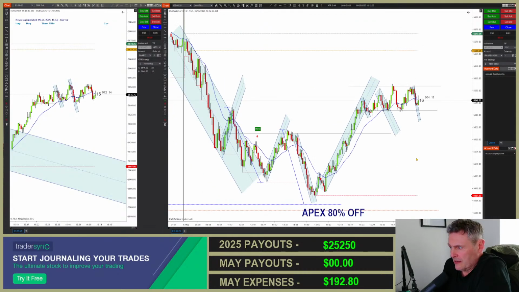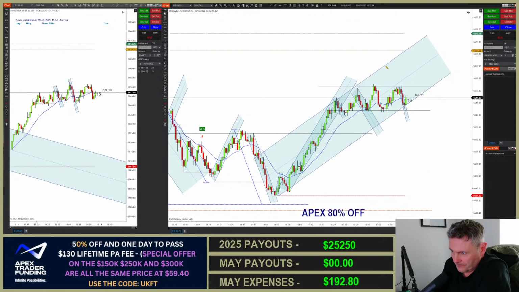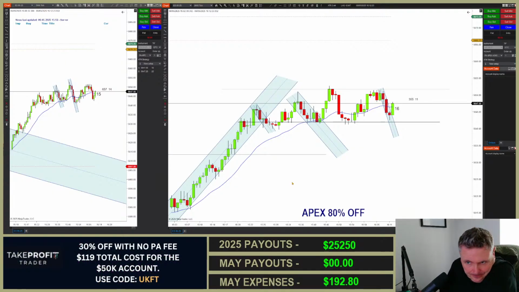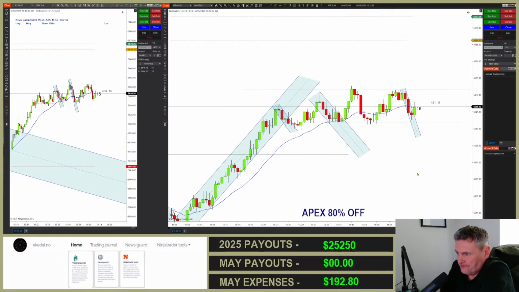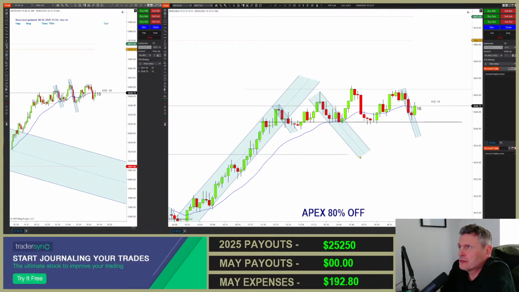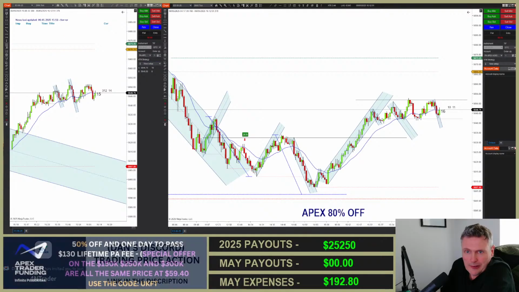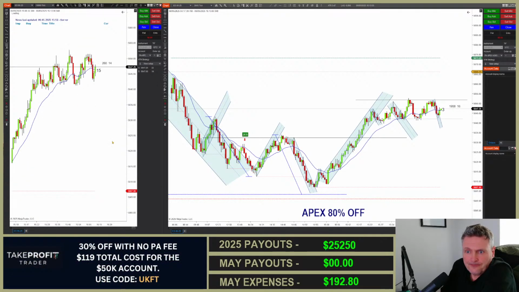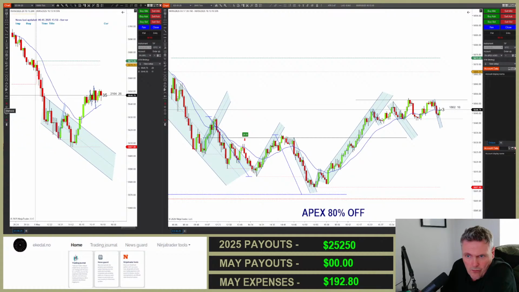That will be a triple test. Does look like a bull flag, doesn't it?